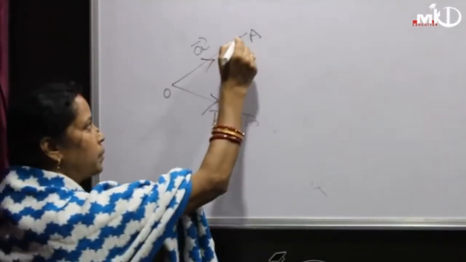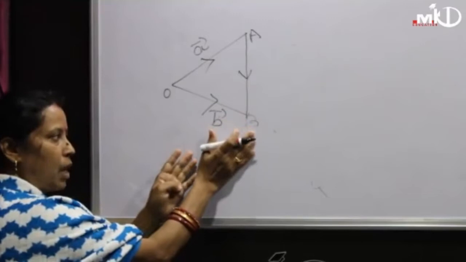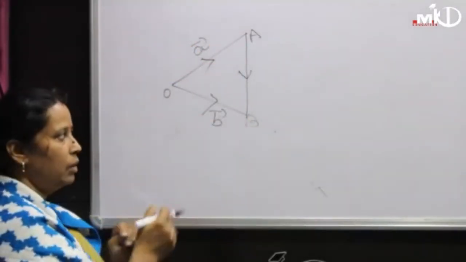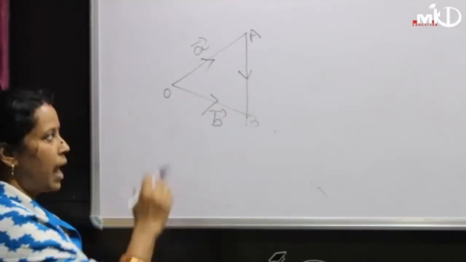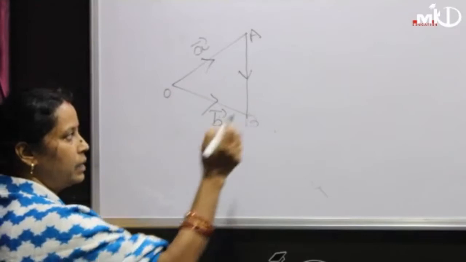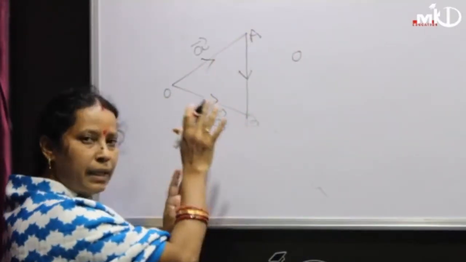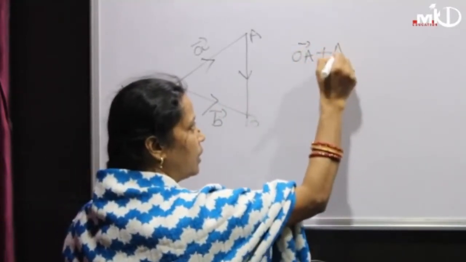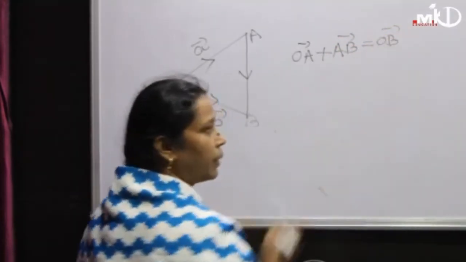Now we can express this vector AB in terms of the position vector of A and the position vector of B. How? We already discussed the triangle law of addition. Since OAB is a triangle, we find OA bar plus AB bar is equal to OB bar.